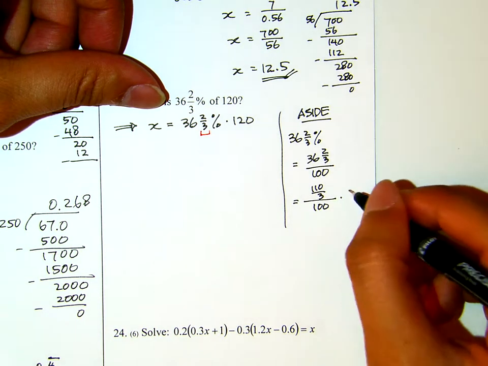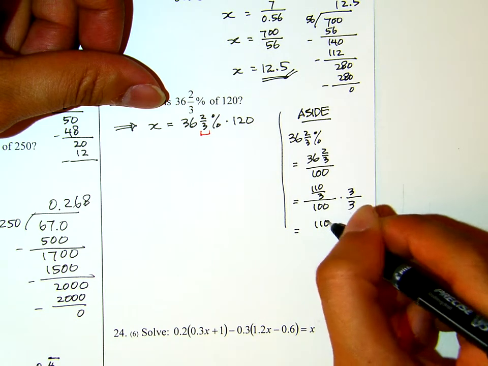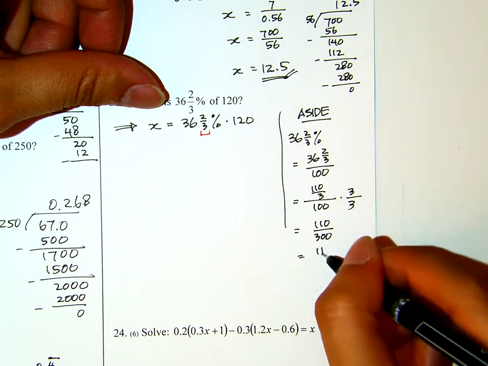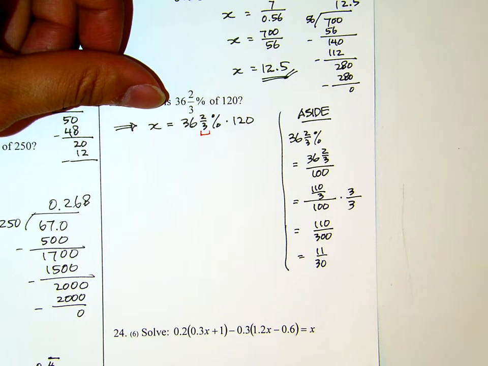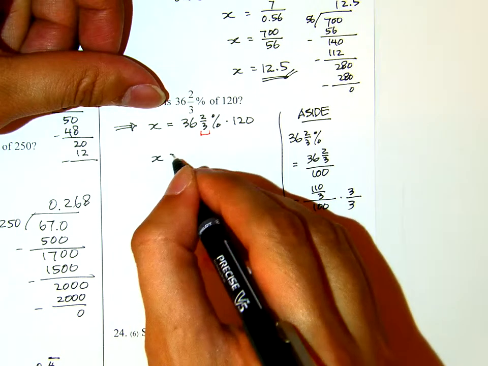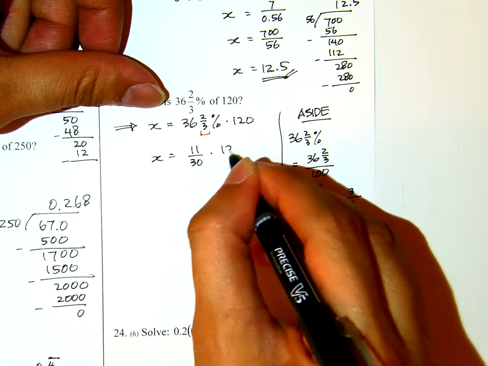And then from here I will do the LCD method. That will give me 110 over 300, which I can reduce to 11 over 30. That's what 36 2/3% equals, and that's what I will replace it by. x equals 11 over 30 times 120.